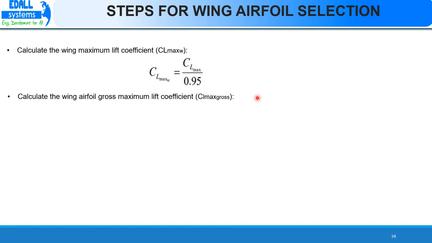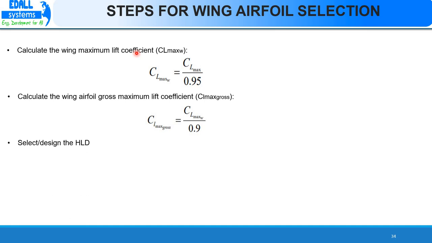Next, calculate wing airfoil gross maximum lift coefficient, that is CL max gross equals CL max W divided by 0.9, where CL max W is your wing maximum lift coefficient. The wing airfoil gross maximum lift coefficient is the airfoil maximum lift coefficient where the effect of high lift devices is included.